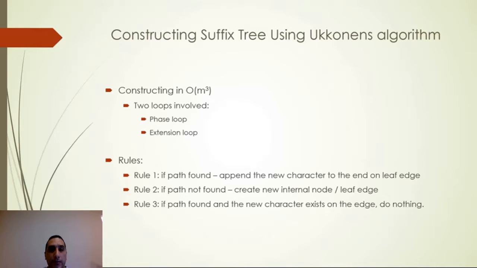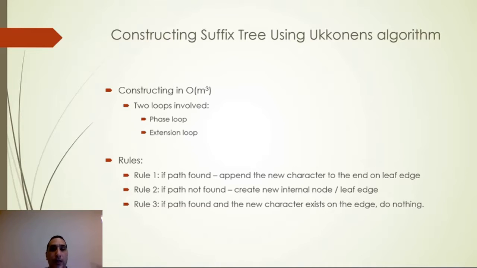The naive algorithm involves two loops: the phase loop, which is an outer loop that we can assign the variable i, traversing each character of the string from 1 to M; and the extension loop, an inner loop with variable j, that starts from the first character and ends at the current character that the phase loop is processing.